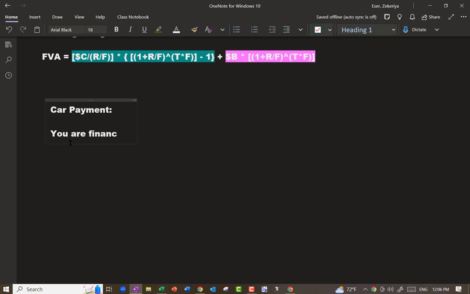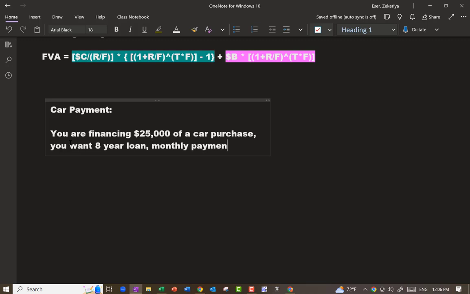You want 8-year loan, monthly payments, and you are charged 7.99% APR as interest. What is your monthly payments?